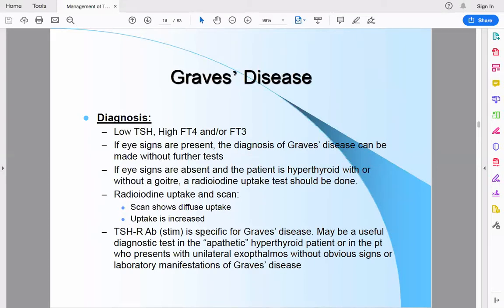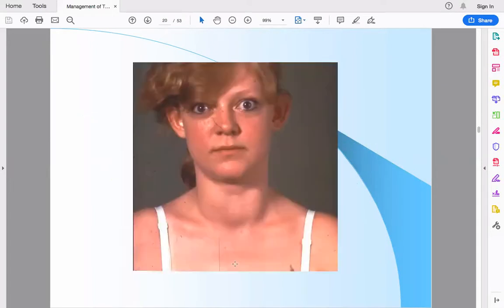You will see a diffuse uptake because the whole thyroid gland is releasing and manufacturing more thyroid hormones. Okay, and we talked about the TSH receptor antibody stimulus, which has a different name. Sometimes they call it TRAP, sometimes TSH antibody stimulus, which is very specific for Graves' disease, and happens in up to, I think, 90% of people.